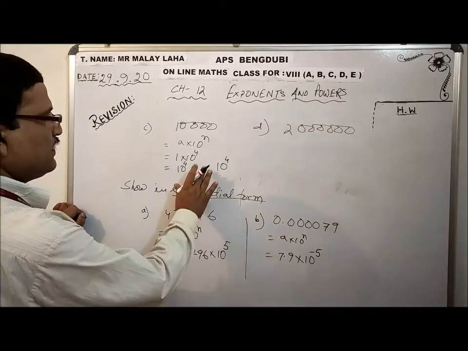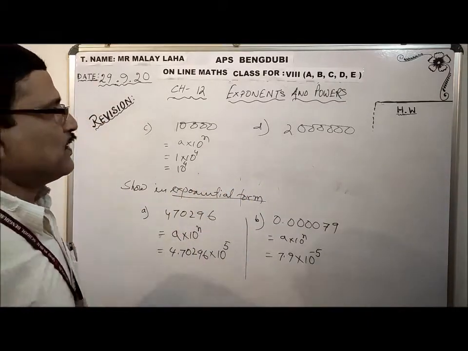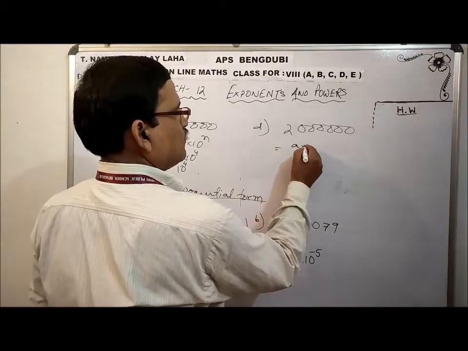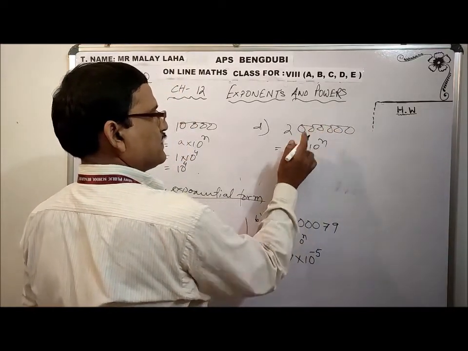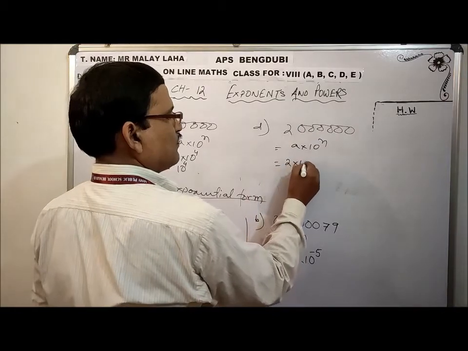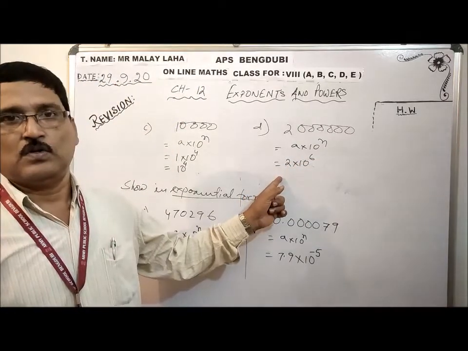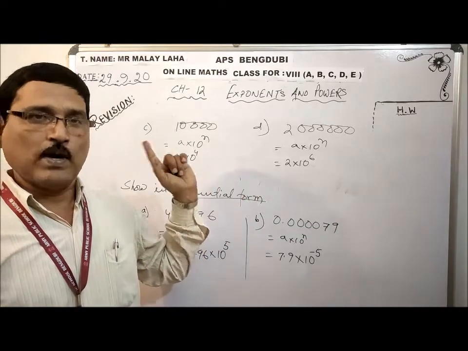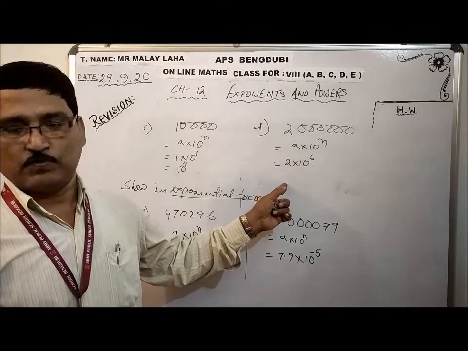Clear? So it will be 10 to the power 4. But if it is more than 1, say here, a into 10 to the power n, 1, 2, 3, 4, 5, 6, so 2 into 10 to the power 6. Now I cannot remove the 2. So if it is more than 1, definitely you will write it down. If it is 1, then you can remove it.